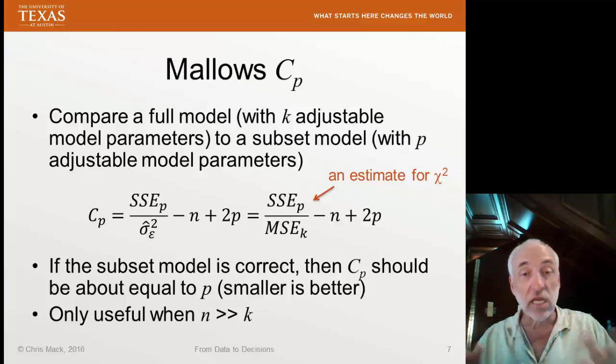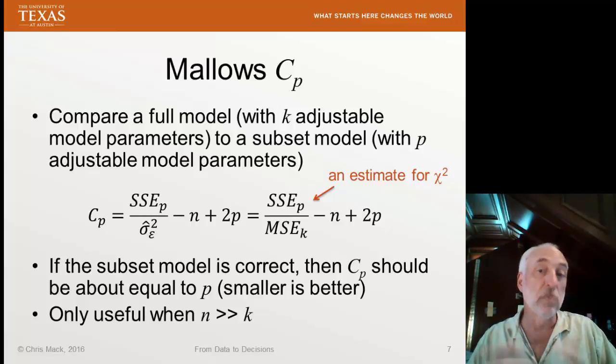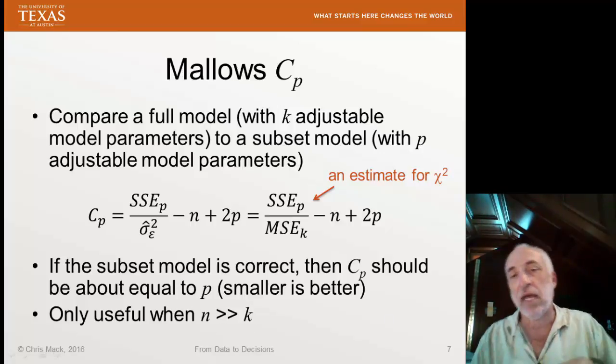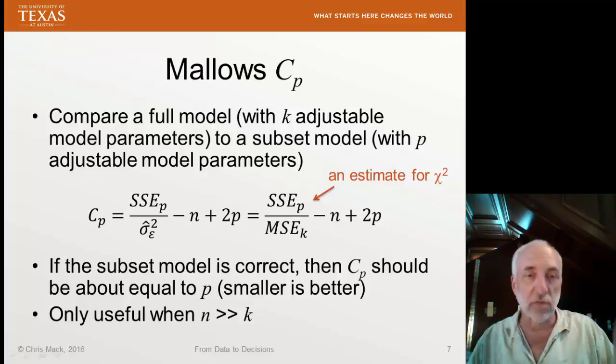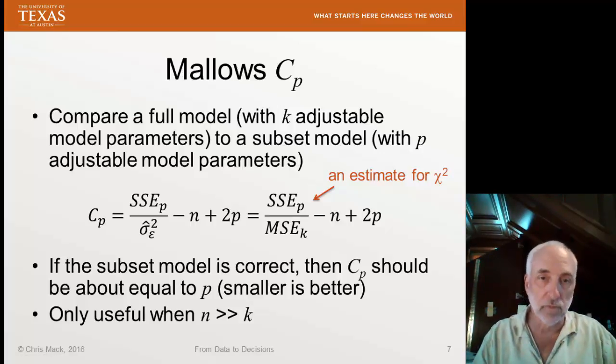Therefore, if everything is working well, that is, we've got a good subset model that also has no model error, then I would expect Cp to be about equal to p. And smaller is better. This is a good approximation only if I have a large number of data points compared to k, and I've got a pretty good full model. That is, my full model probably is capturing all the systematic variations.